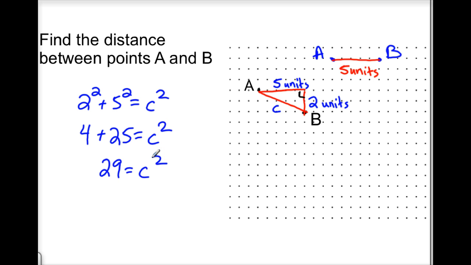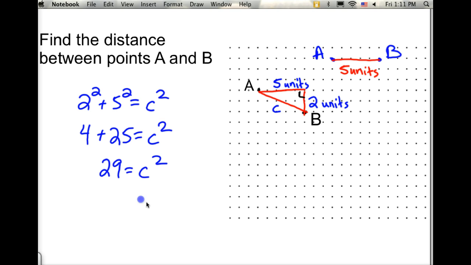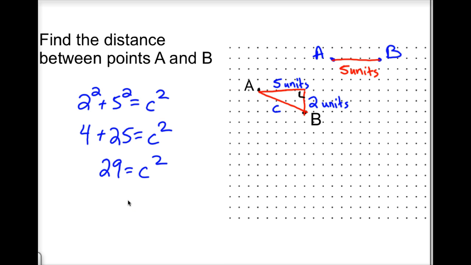And then we take the square root of that, and the square root of 29 is about 5.4, rounding to the nearest tenth. So the distance between A and B, we would say, is 5.4 units away.